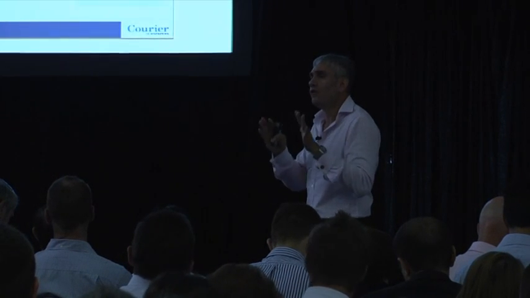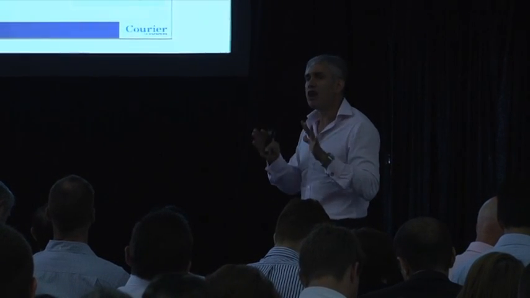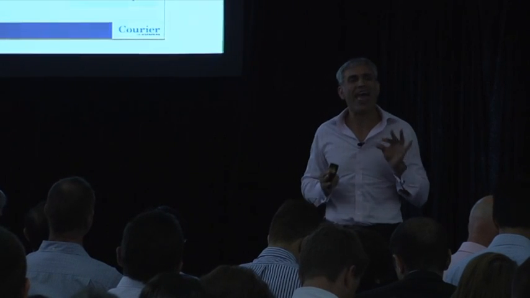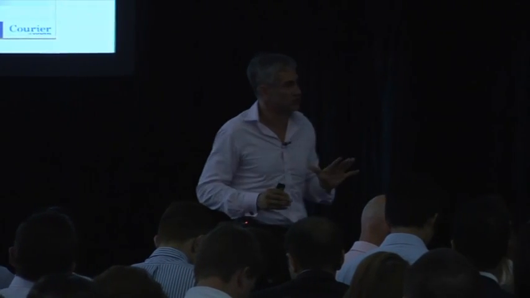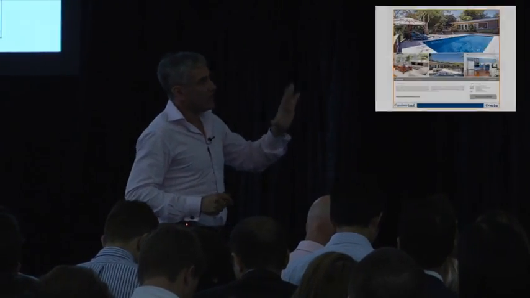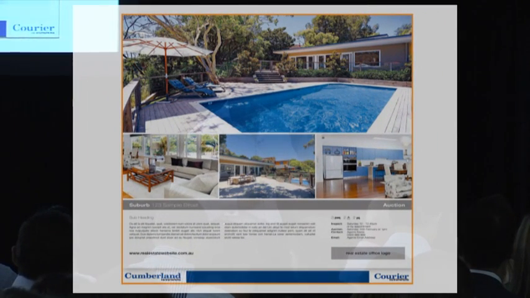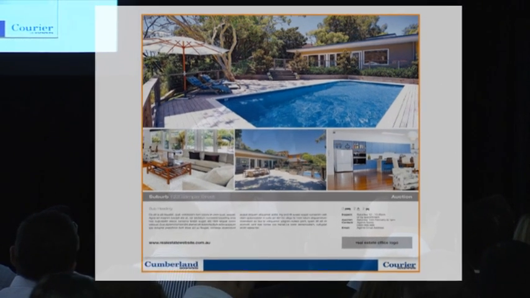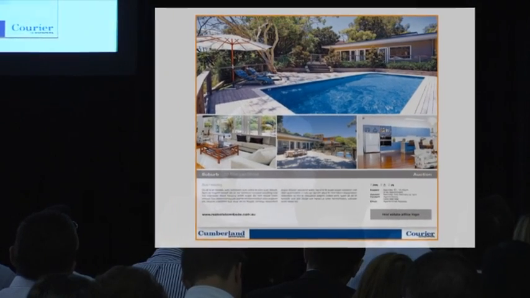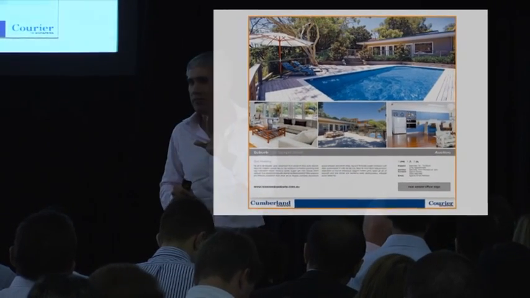I'm going to show you 4 options, and then I'm going to ask you to tell me how you feel about those options. Option number 1 is a full-page ad. Now, unfortunately, Mr. and Mrs. Vendor, not every house is suitable to a full-page ad, because some houses simply don't have 4 or 5 great features about them.